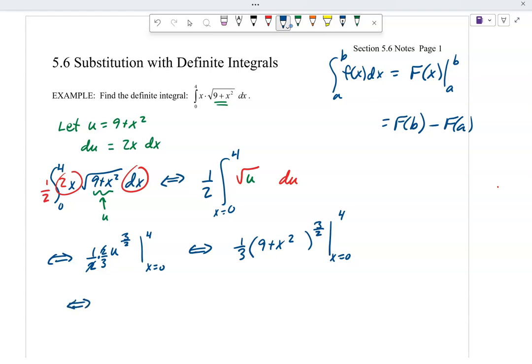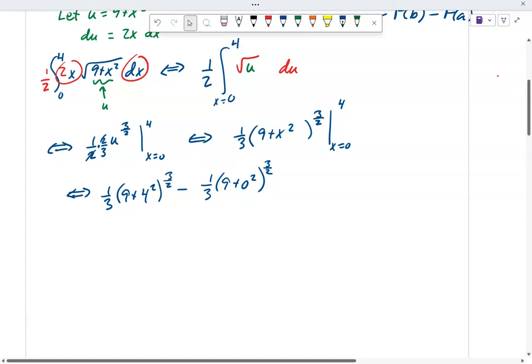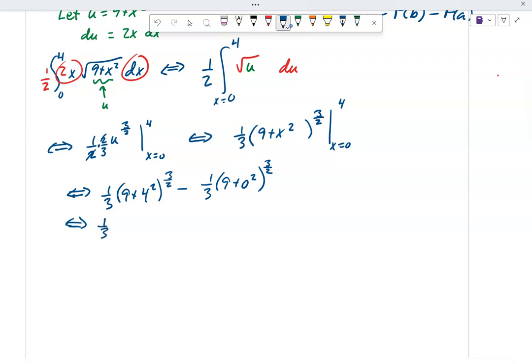And now let's throw in our 4. And then throw our 0 in. So we got 1/3. 9 plus 16, we got 25 to the 3/2 minus 1/3. 9 plus 0 is just a 9. So we've got 1/3.